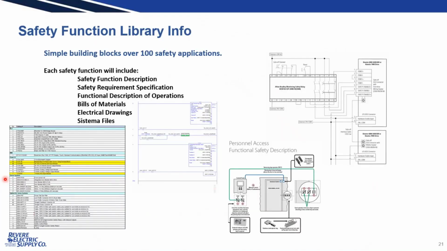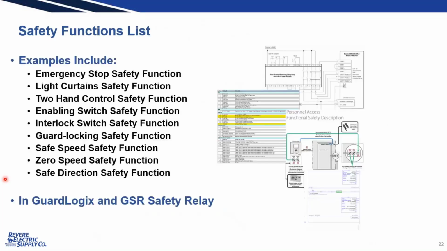To give you an idea of what's in the safety function library, each safety function would include the safety function description, requirement specs, functional description of the operation, bill of materials, electrical drawings, and SISTEMA files themselves.